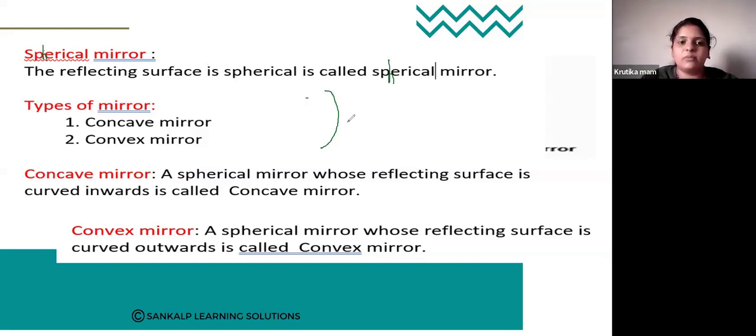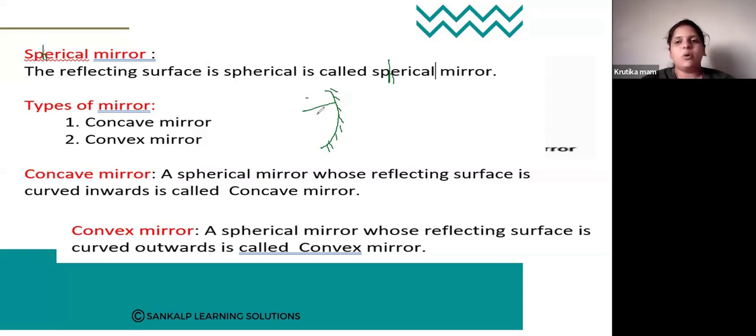The inner surface is the reflecting side, and the back side we show with a line. So the front surface that you see is called the concave mirror. The spherical mirror whose reflecting surface is curved inward is called the concave mirror.